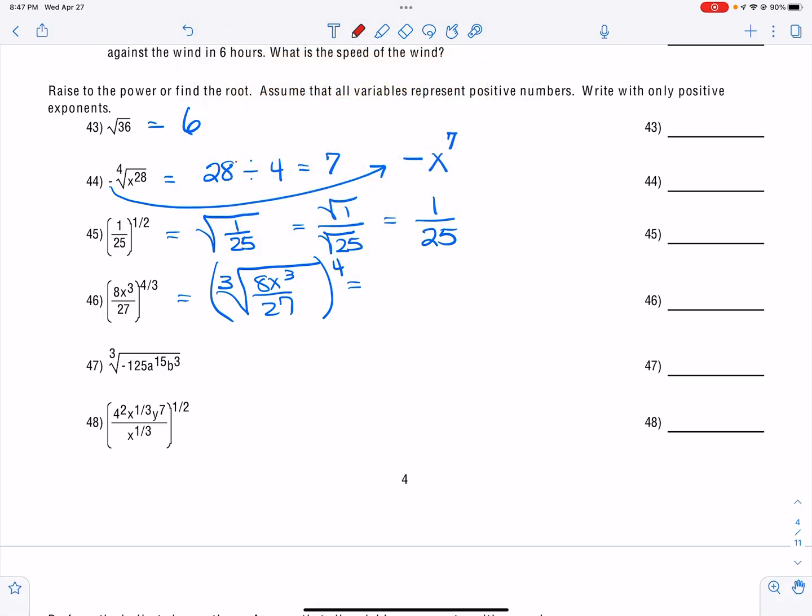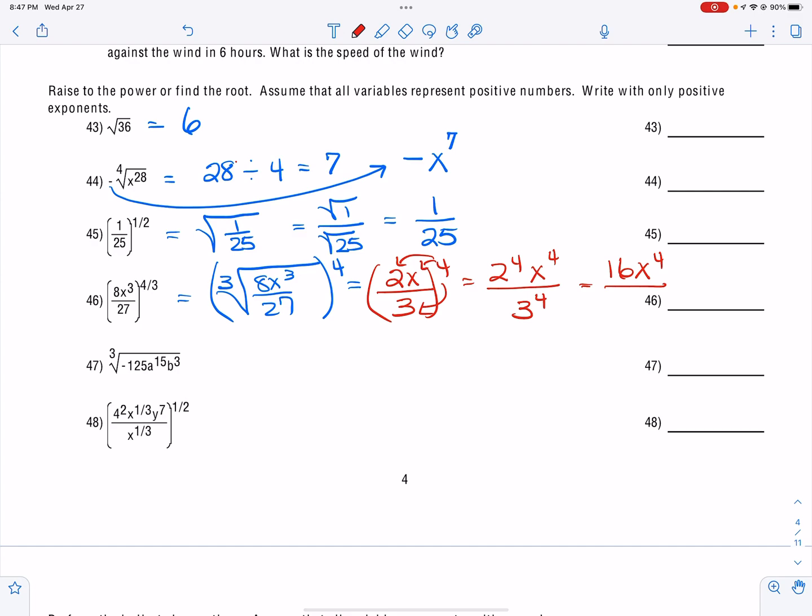So the cube root of 8 is 2, the cube root of x cubed is x, and the cube root of 27 is 3. And now I'm going to raise that to the 4th power, which means I need to raise everything to the 4th power. So 2 to the 4th, x to the 4th, and 3 to the 4th. And that simplifies to 16x to the 4th over 81.